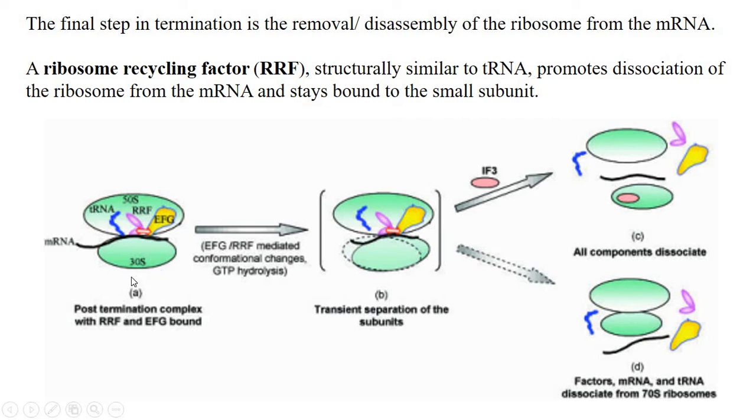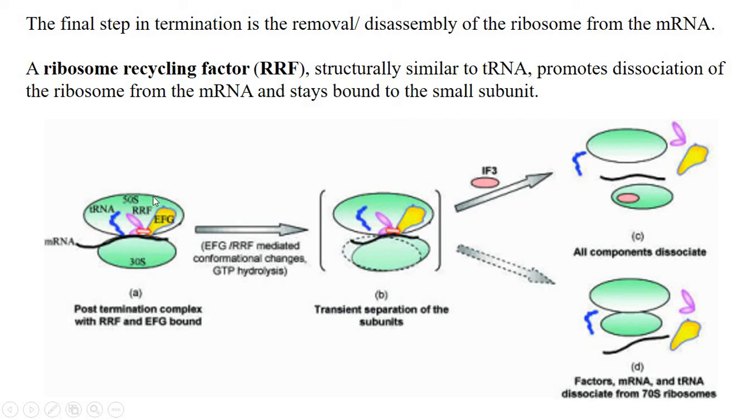So here, let's see. This is mRNA. This is our small subunit and large subunit of the ribosome. This tRNA is still bound here in the exit site; this is the P site, this is the A site. Because it's in the exit site, it's going to release anyway, but it will be pushed out.